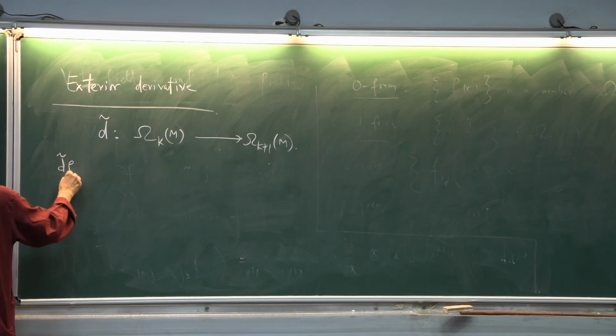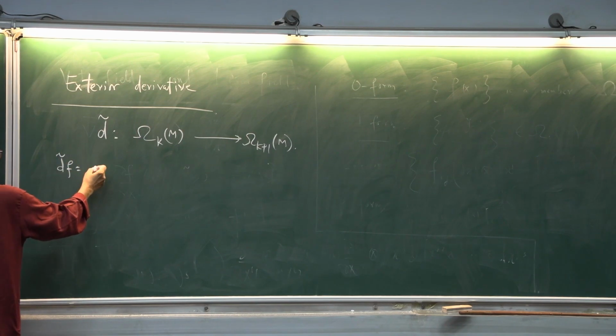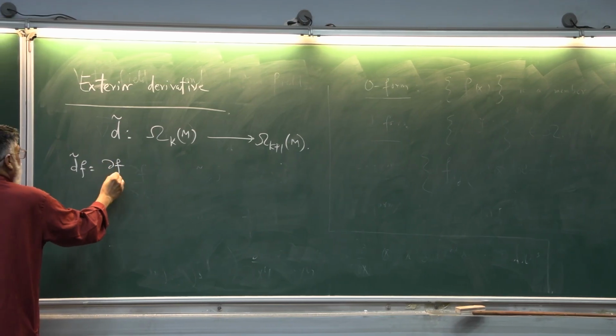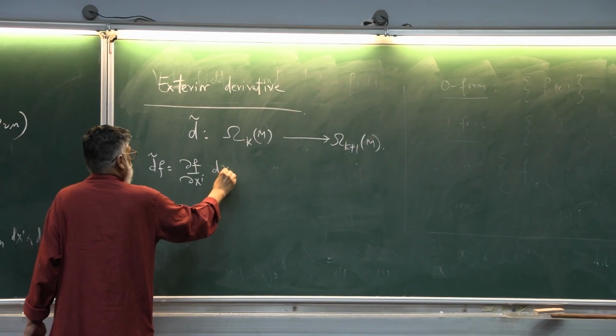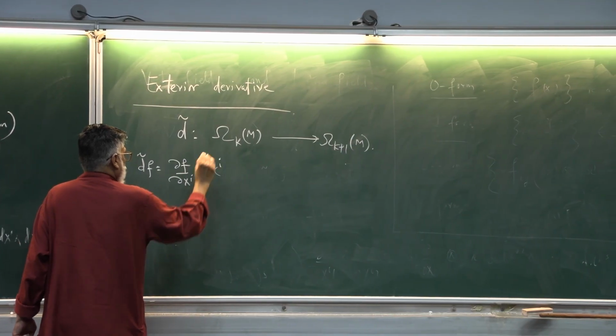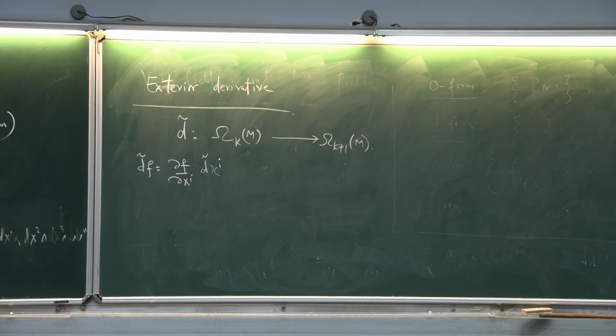D of f, we already started with that, is simply del f by del xi dxi. But now we want to know how to take the exterior derivative on higher forms.